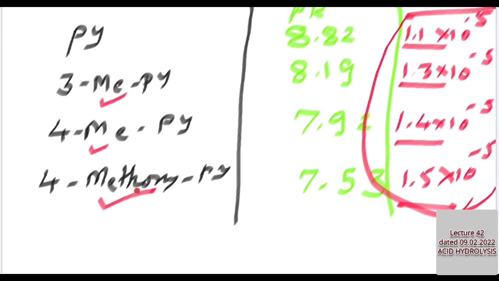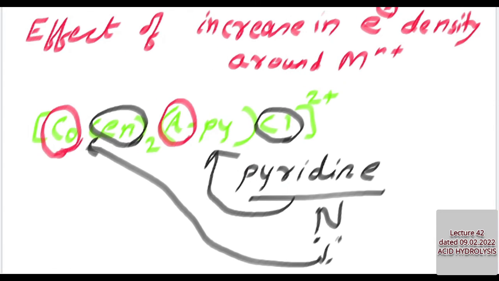Here the methoxy group is more electron releasing, and because of that, the pyridine becomes more and more basic in substituted pyridine. Since it is more basic, electron density around the metal ion increases, and the metal ion becomes rich in electrons. So it is ready to give electrons.